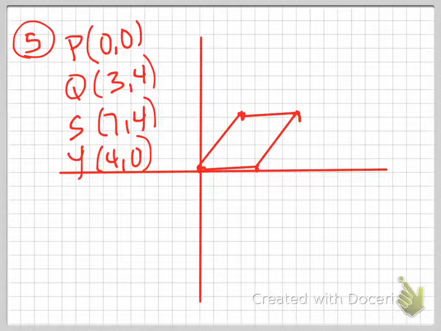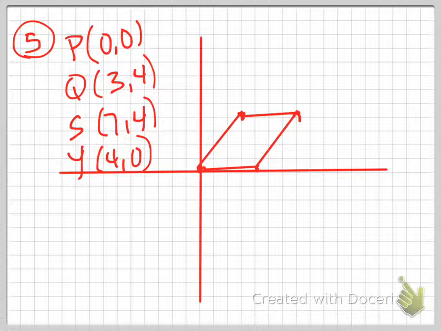So would slope help us to prove same length? How does that prove length? If I want to know how long something is, I don't need to know its slope. I need to know its distance.